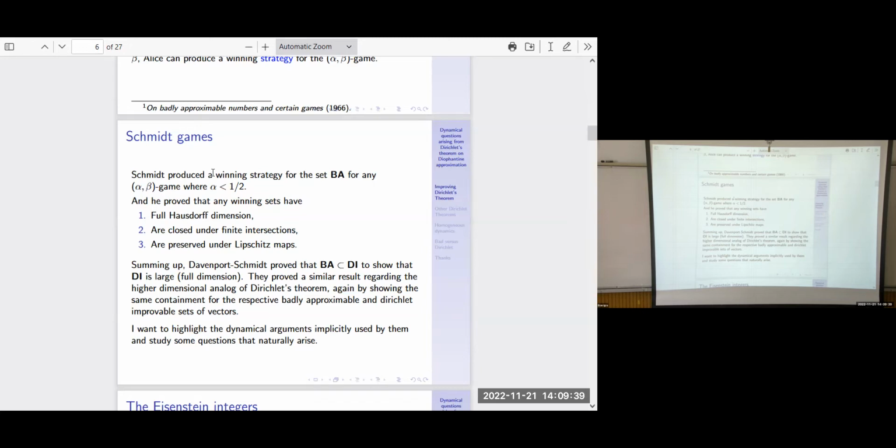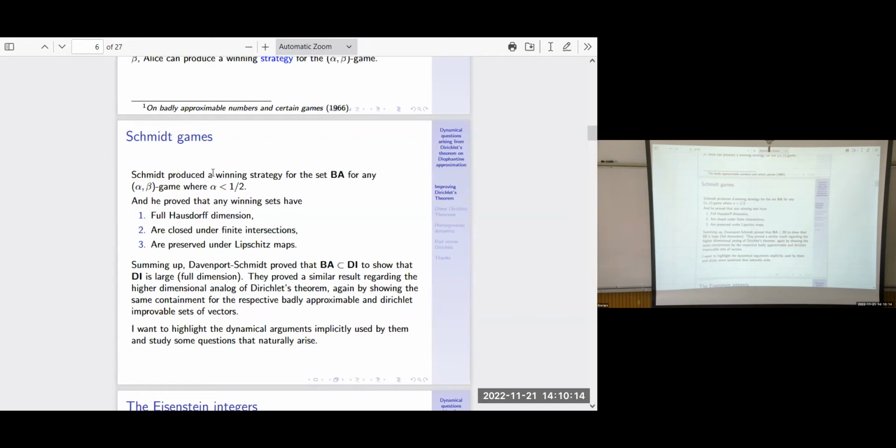The winning sets are also preserved under Lipschitz maps. Davenport-Schmidt used this Schmidt result, and then they said, okay, DI is a non-empty set, it's a non-trivial set. In that paper, or maybe a paper after that, they made a similar Dirichlet-improvable study for a higher dimensional version of Dirichlet's theorem, where they were looking at approximation of one linear form or even simultaneous approximation.